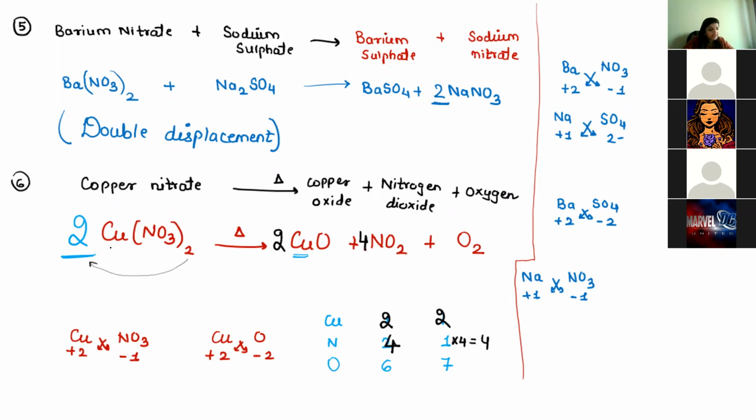How many oxygens are there now? 3 2s are 6, and into 2, so 12. Count the number of oxygens over here: 2 plus 4 2s are 8, plus 2, 12. It got balanced.